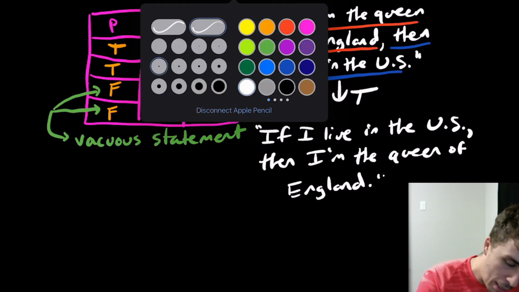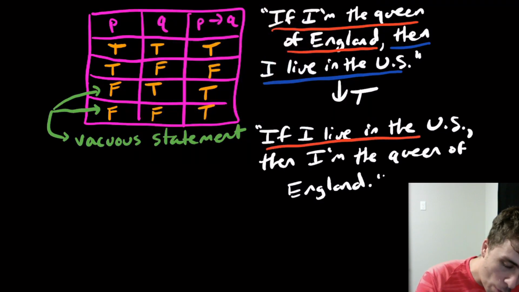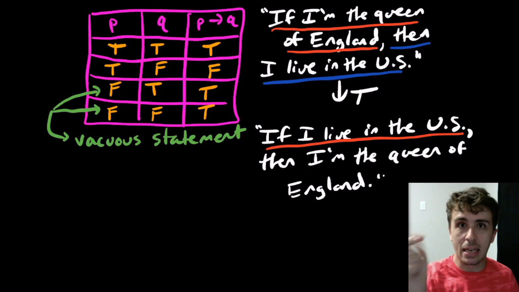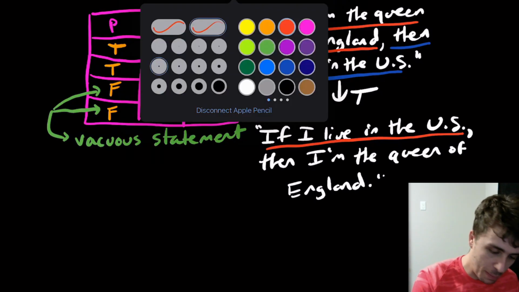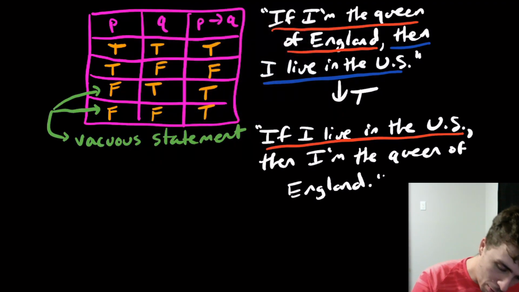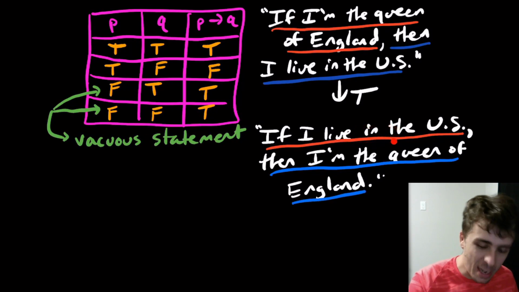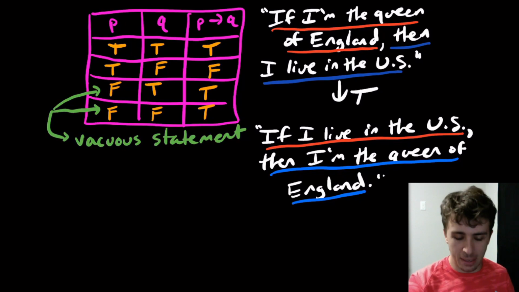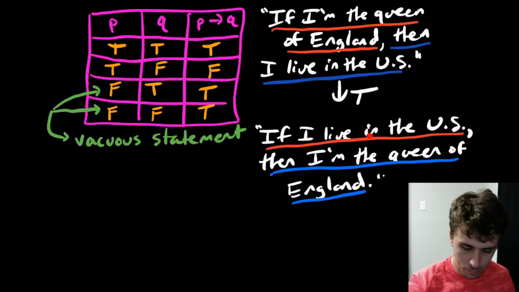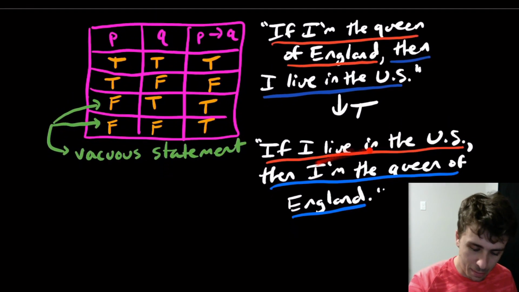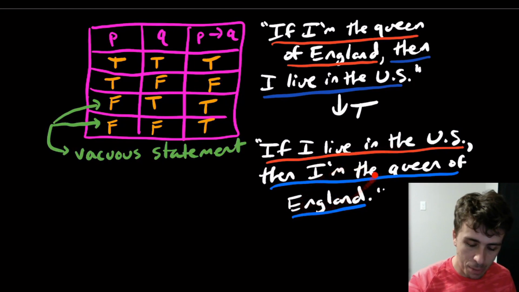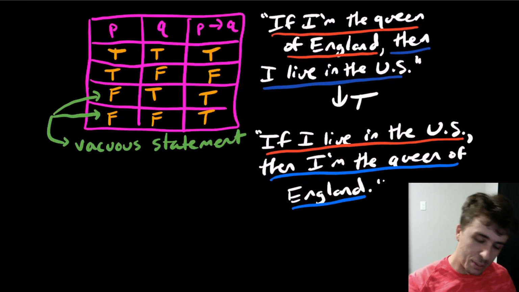So I'm flipping around the P and the Q propositions here. The red part again is going to be the P statement, and the blue part is the Q proposition.